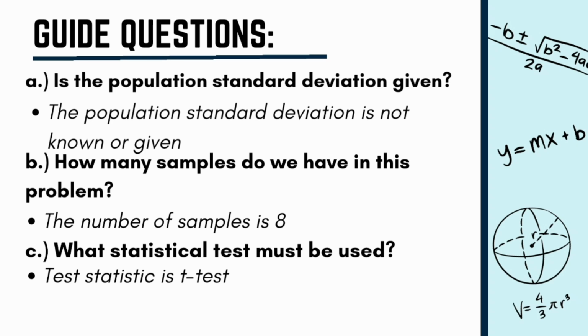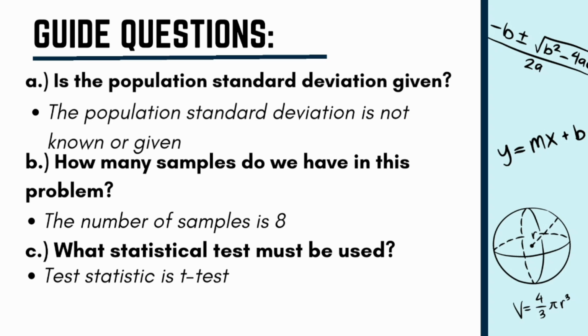How many samples do we have in this problem? The answer is, the number of sample is 8. Yung sinasabi namang number of sample ay given na, which is ayun yung 8 randomly selected packs. Ayun yung mga number na 252, 251, 253, 249, 248, 251, 254, and 249.